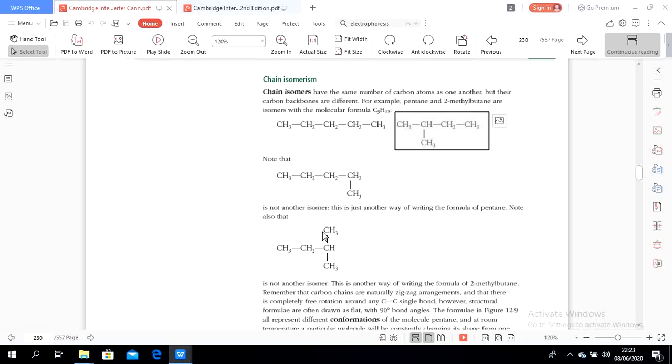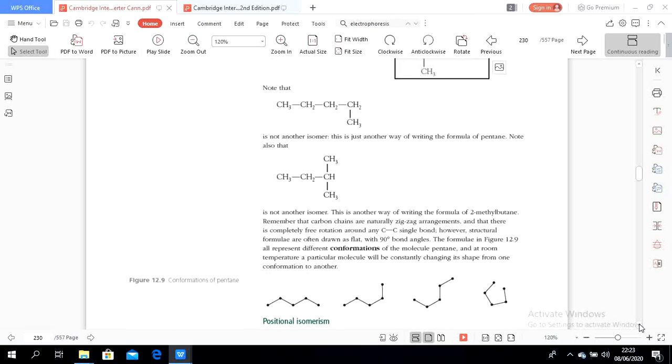It's the same. It's only bending. Remember that carbon chains are naturally a zigzag arrangement if we draw in skeletal. Structural formulae are often drawn flat, with 90-degree bond angles. But in the skeletal, we have to draw like this.